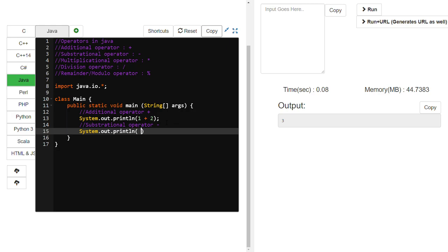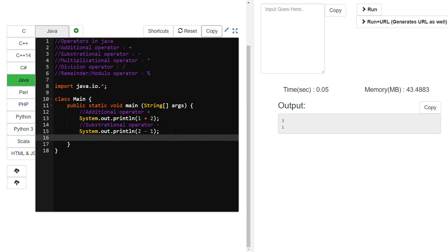System.out.println 2 minus 1. 2 minus 1 must generate 1. Here is the 1. So it is the subtraction operator.